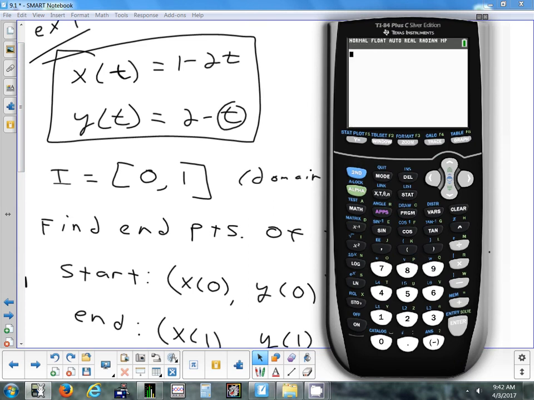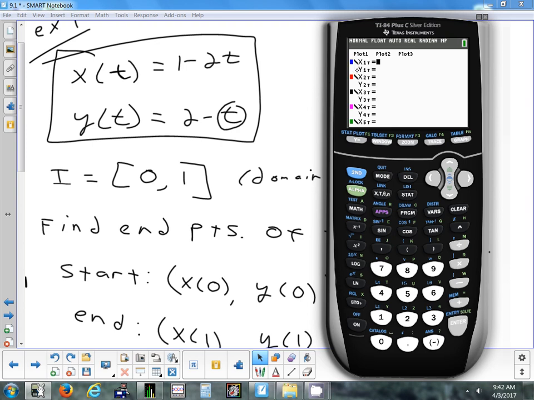Now, when I press this button right below mode, what letter normally pops up? X. Well, now that I've switched it to parametric, it's going to give me a T. Whenever you write parametric equations, that's just the letter they use. We normally use lowercase t. The calculator always uses capital. That's fine. When you press y equals, now it's set up for parametric equations.